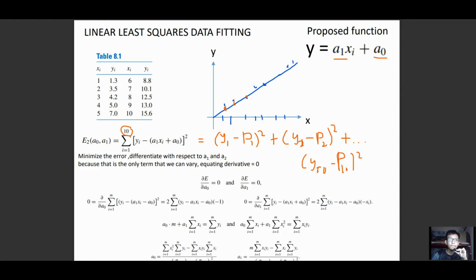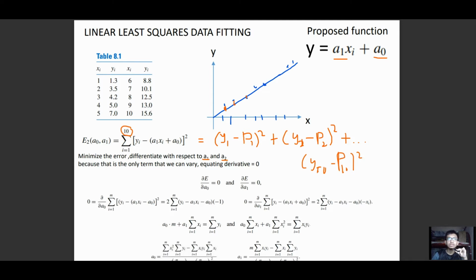It is clearly stated over here: minimize the error, differentiate with respect to A1 and A2, because these are the only values that we can control. We cannot differentiate with respect to y or x, because the data is fixed. It is already there. We cannot simply manipulate the data based on our preferences.